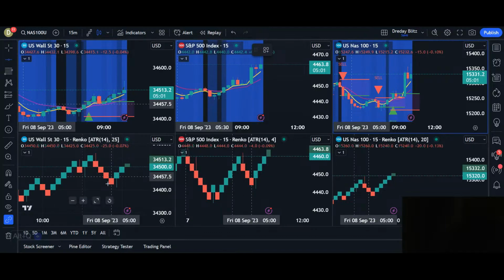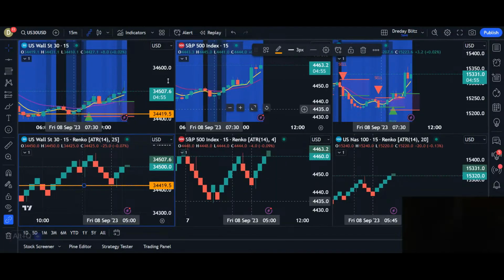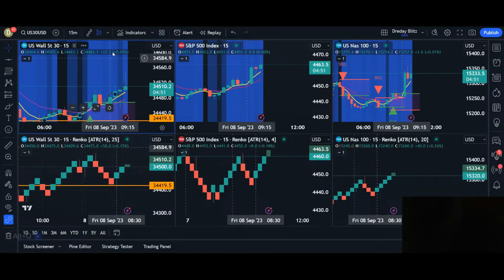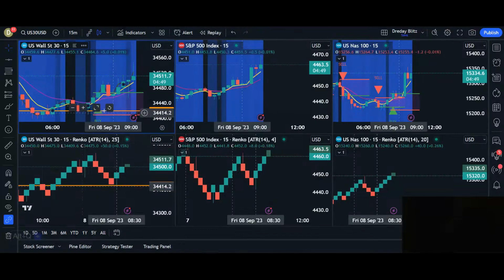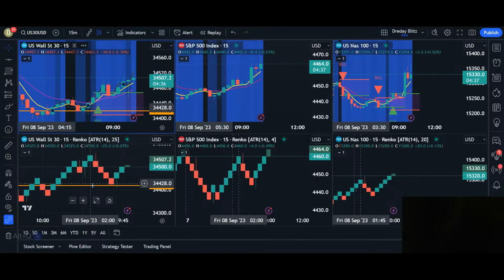So let's look at here. If you put a horizontal line right here, and you were in that trade, for example, if you were in the buy signal right here, your stop loss would be where the start of the end of the box is here on the Renkos.